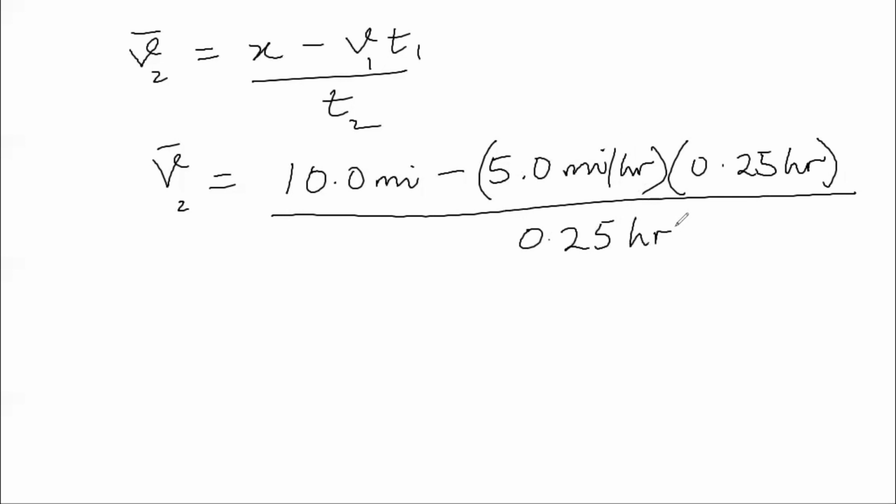All right, so you can already see how the units are canceling out. This cancels with that. So in the numerator, the units that you are going to have are units of miles, and then in the denominator, the units are hours. So you can already see that the units are consistent with velocity.